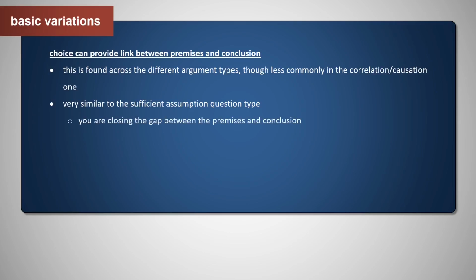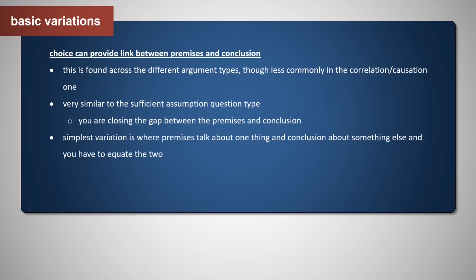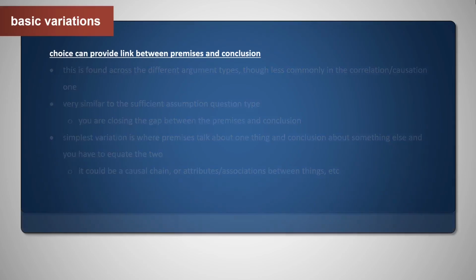So you're closing the gap between the premises and conclusion. The simplest variation is where the premises talk about one thing and the conclusion is about something else, and you just have to equate the two. It could be a causal chain, or attribute associations between things. Essentially, any situation where you're equating the two different things talked about in the premise and conclusion is an example of simply providing a necessary link in order to get to the conclusion.